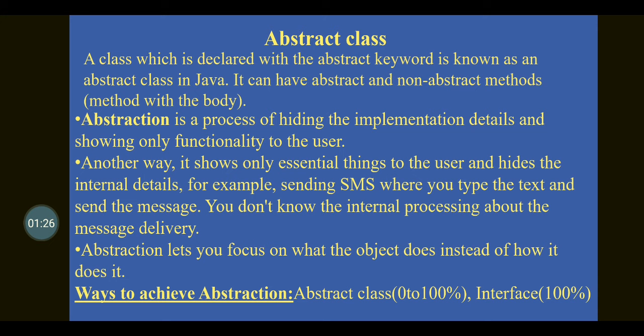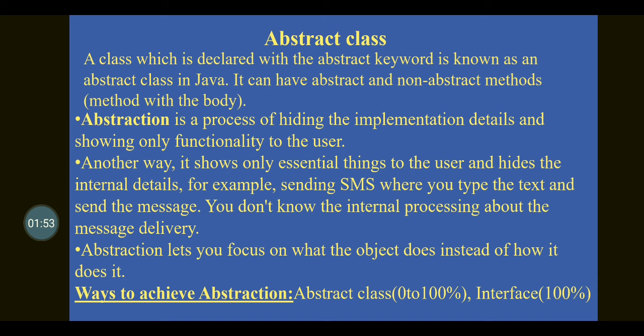For example, when you send an SMS, you type the text and send the message, but you don't know how the internal processing of the message delivery works. So abstraction lets you focus on what the object does instead of how it does it.